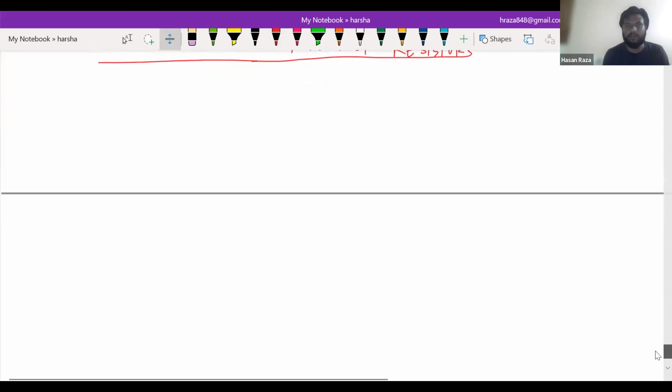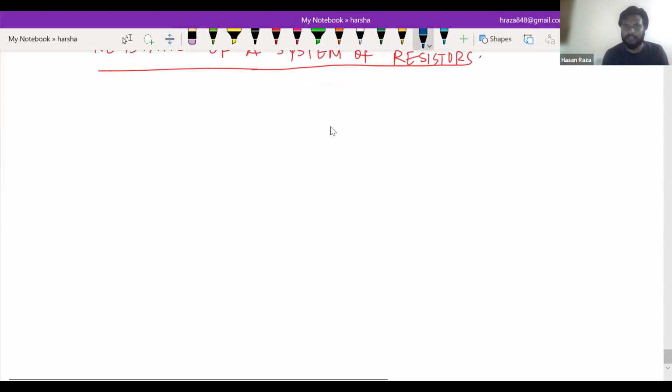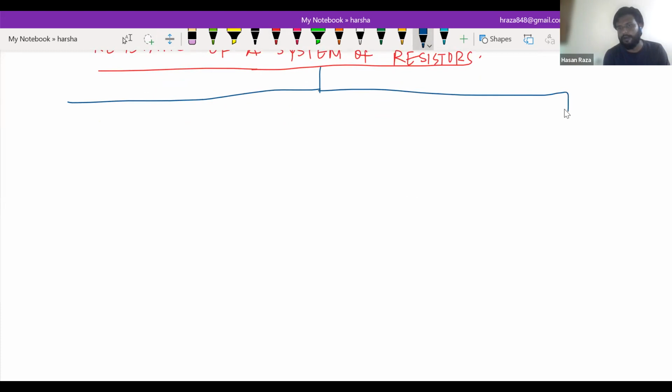There are two systems in which we can arrange resistors. The first one is series and the other one is parallel. There are two systems to arrange the resistors: series and parallel.